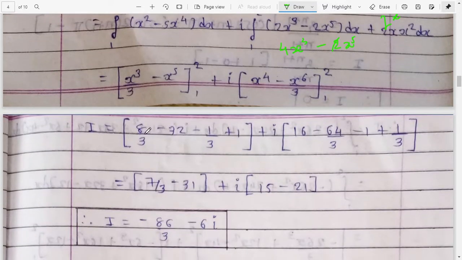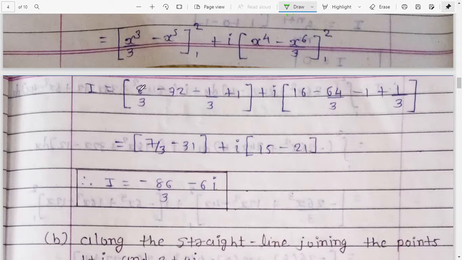We get 2³ = 8/3 minus 2⁵ = 32/5 minus the lower limit 1/3 minus (minus 1/5), plus iota (2⁴ = 16 minus 2⁶ = 64 over 6 minus (1/4 minus 1/6)). So 8 minus 1 is 7/3, minus 32 plus 1 is minus 31/5, plus iota (16 minus 1 is 15, minus 64 plus 1). So minus 63/3 is equal to minus 21.